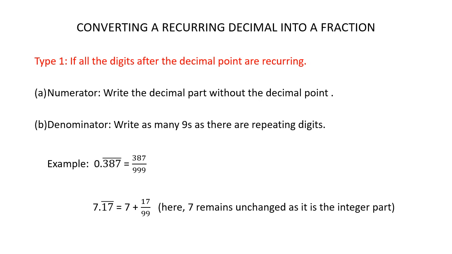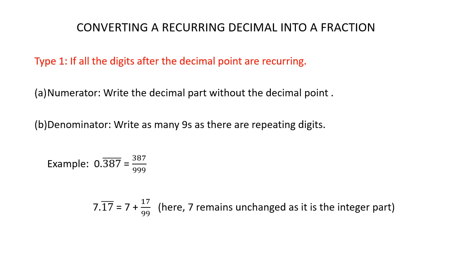Now let's learn how to convert a recurring decimal into a fraction. The first type: all the digits after the decimal point are recurring. Then for the numerator, write the decimal part without the decimal point. And for the denominator, write as many 9s as there are repeating digits.